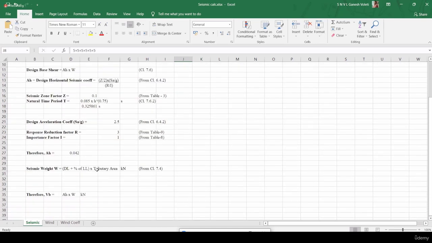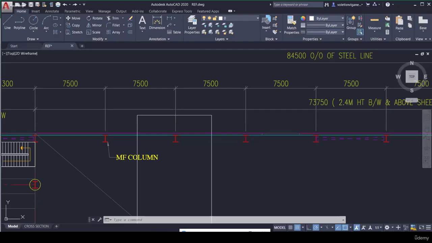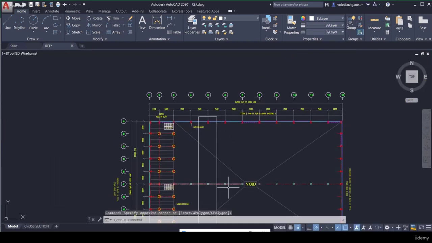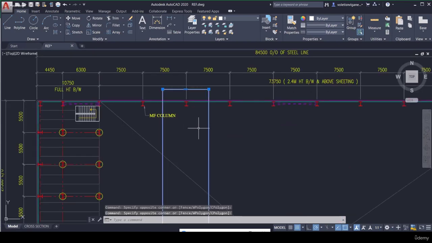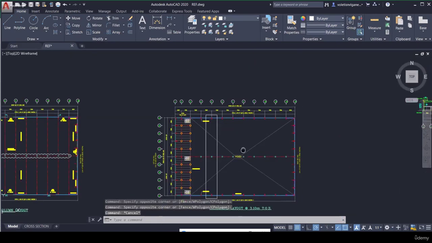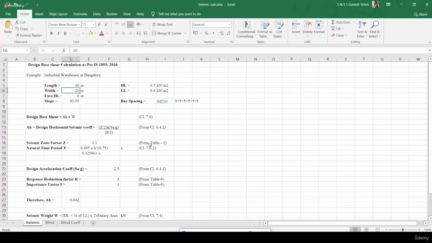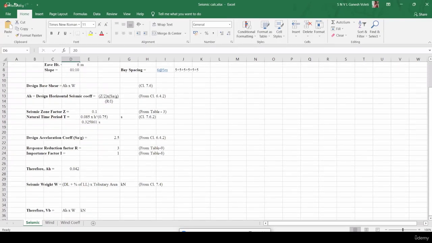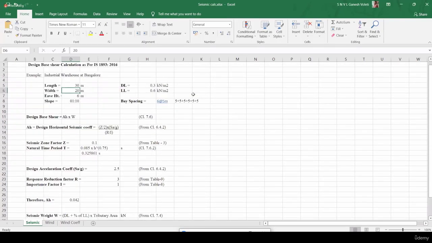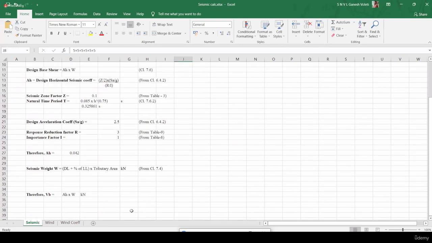So the tributary area is width into length. Width is what we have taken in the example, 20 meters, and tributary is 5 meters from here. So this gives the tributary area.